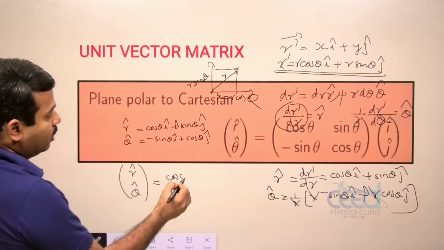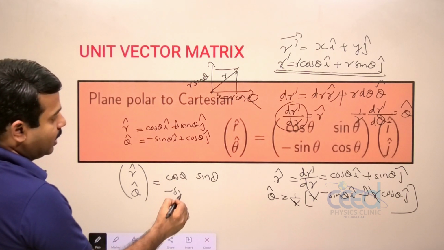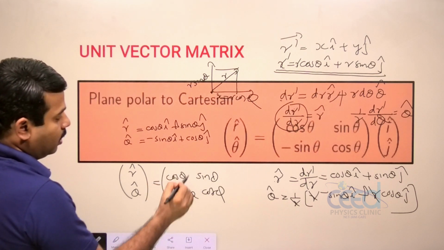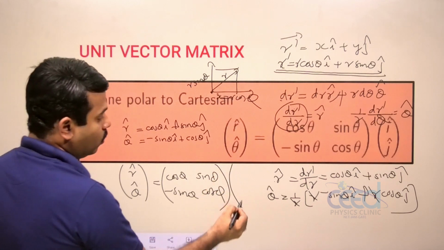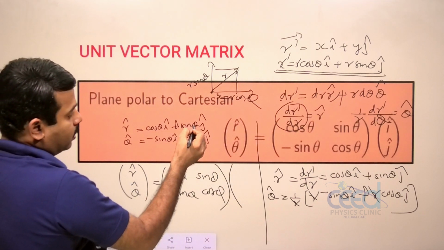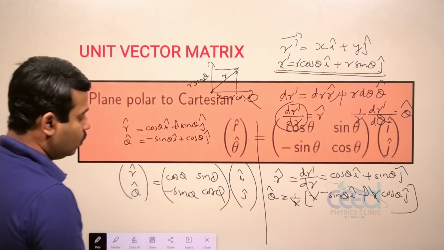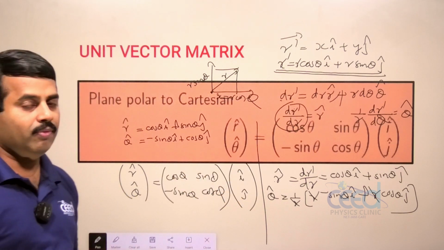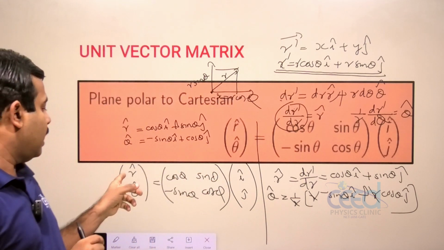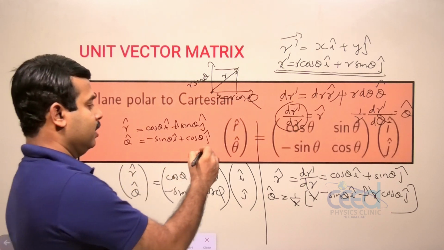Cos theta, sin theta, minus sin theta, then cos theta, matrix into i cap, j cap, right. So now you got the connection between i cap, j cap and r cap, theta cap.